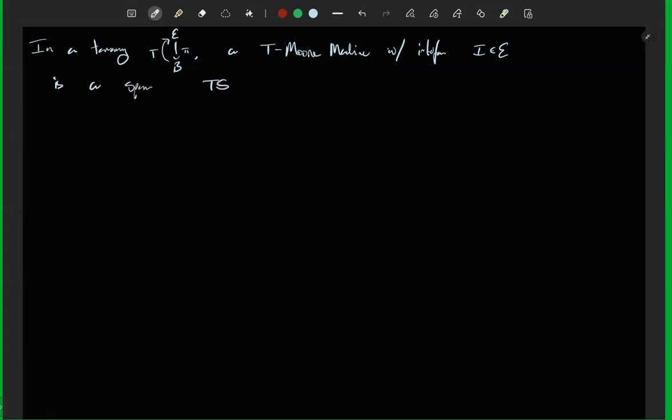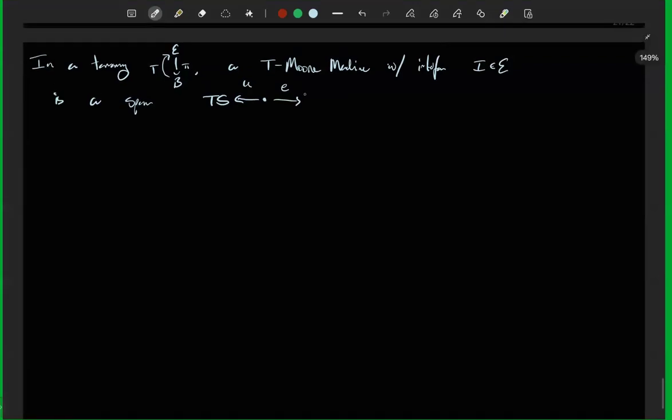So in a tangency E, B, T, a Moore machine, or let's call it a T-Moore machine, with interface I in E is a lens, a span TS, in E, where this leg here is vertical and this leg here is Cartesian with respect to pi.